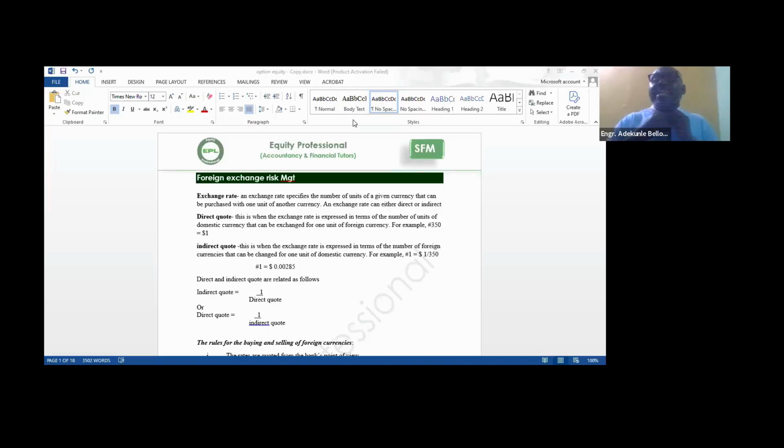You can define exchange rates as the number of units of one country's currency that can buy 1 unit of another country's currency. I'll take that again.